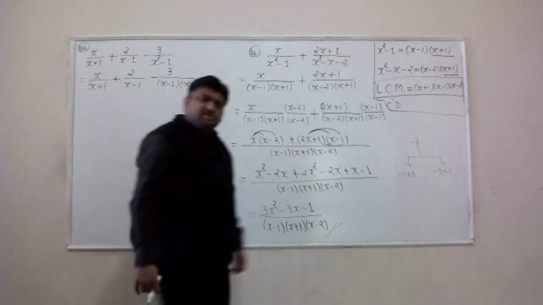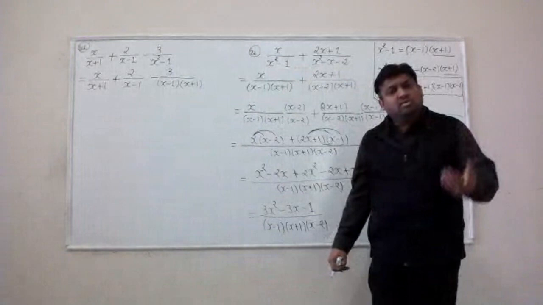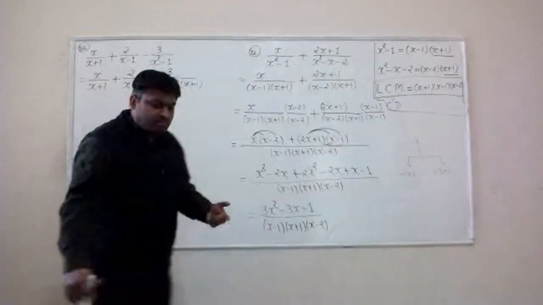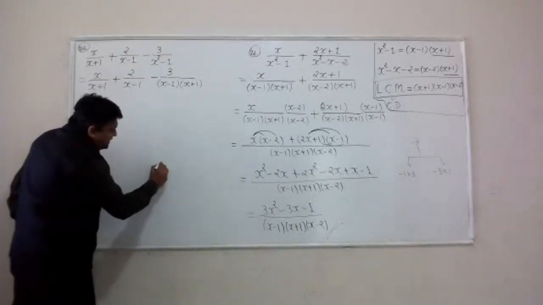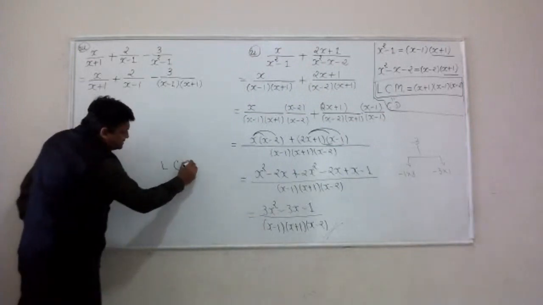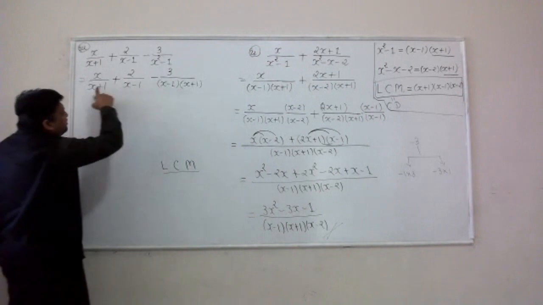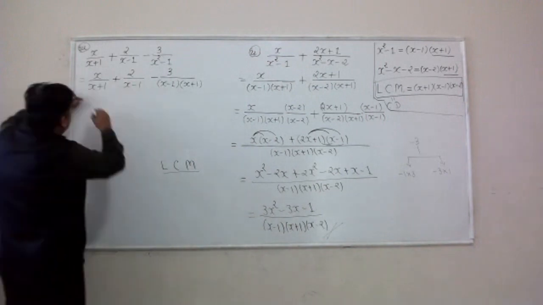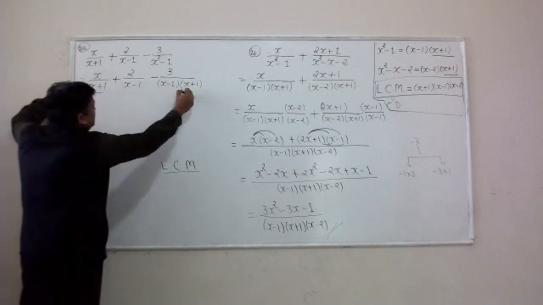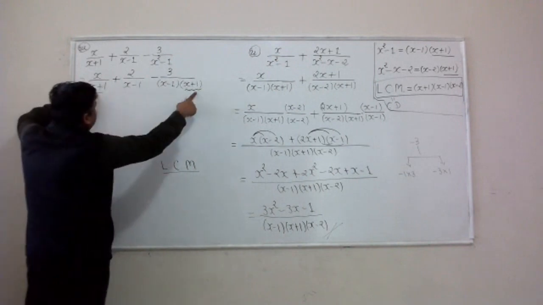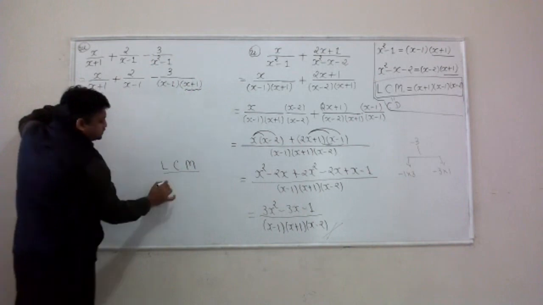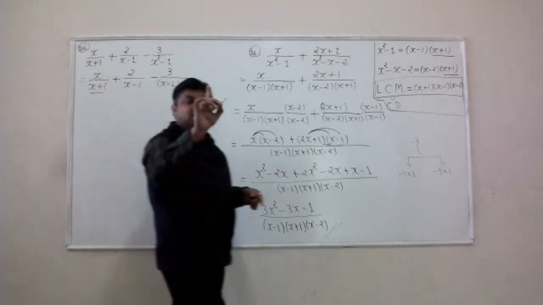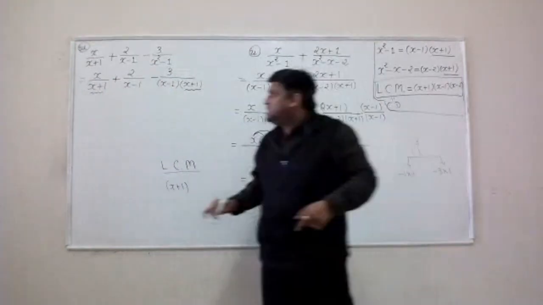Let's write down what is the least common multiple of all 3 denominators. Again, we are going to do the same thing. For the least common multiple of 3 denominators, I will check each factor one by one. X plus 1 repeats in the factorization of 2 terms, so x plus 1 should be counted only once towards the least common multiple.